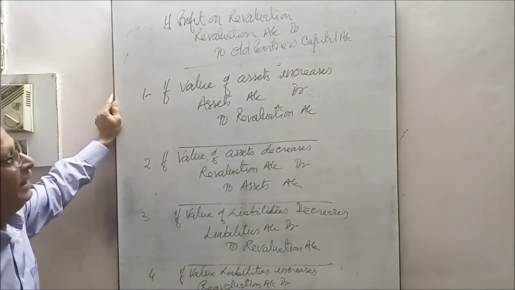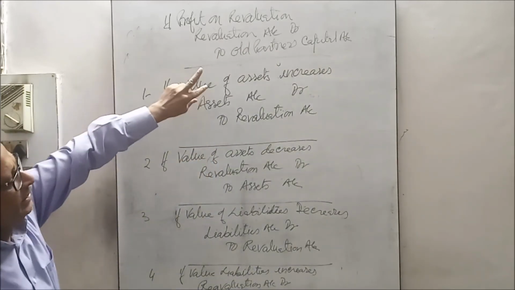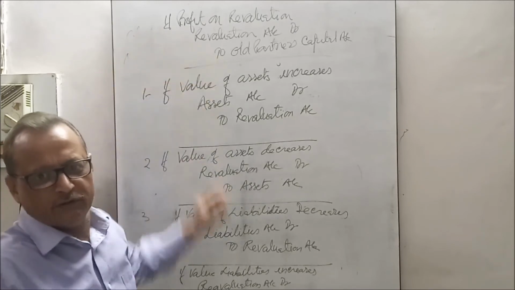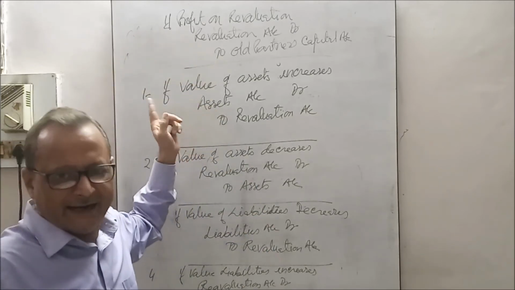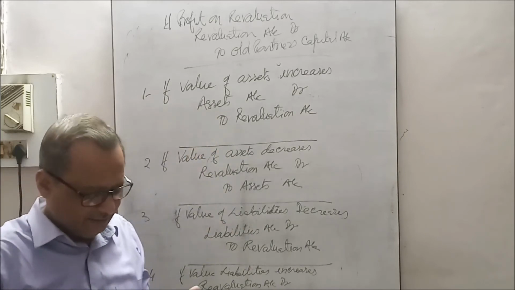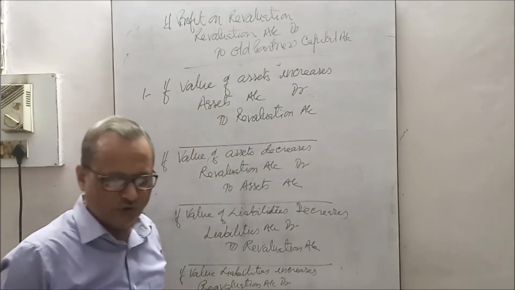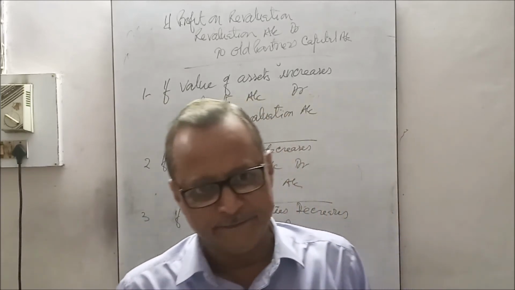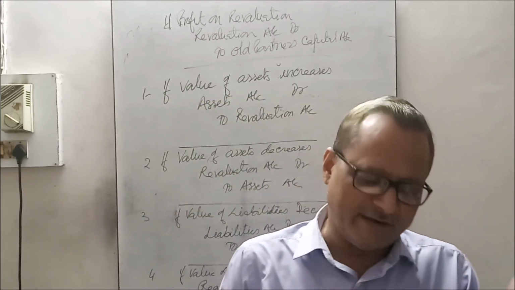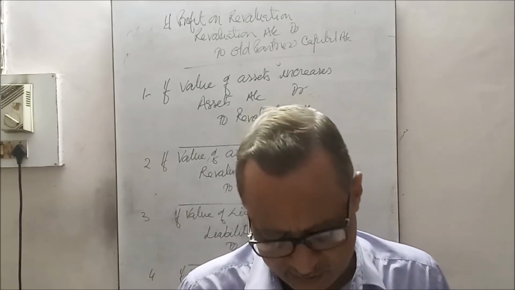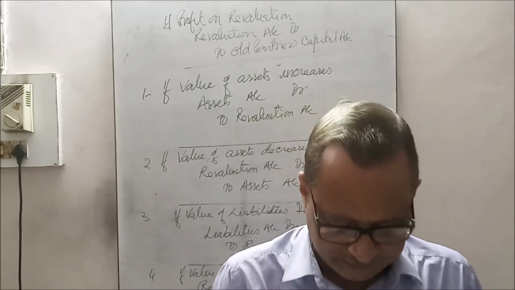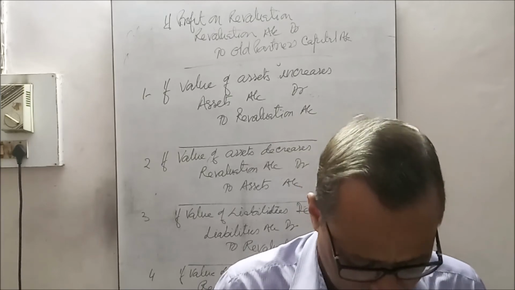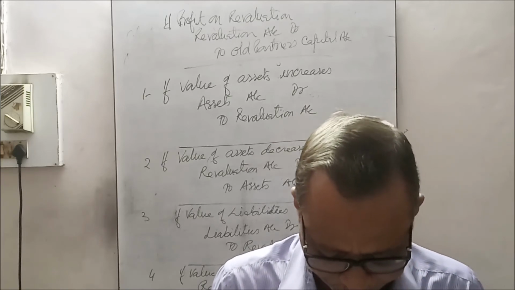On the other hand, if there is loss on revaluation, reverse that entry: old partners capital account debit to revaluation account. That is the entries passed in the case of revaluation. Now we'll take one question on it, and after several other items we will see one by one. Now the question, I am going to take one question from your book regarding revaluation.